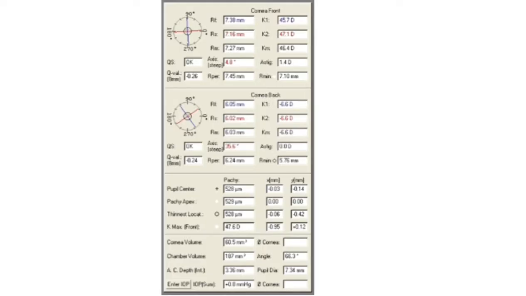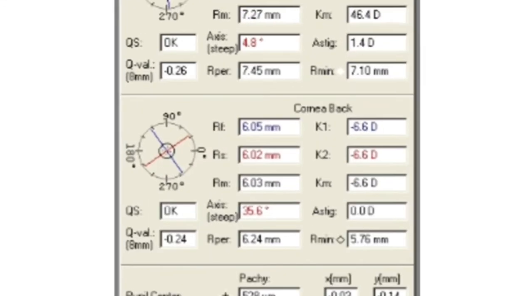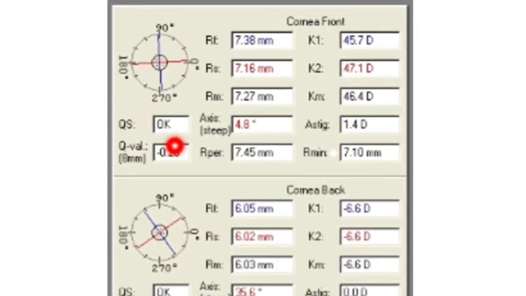We are going to decode all these things. Let's start with this table. First of all, you can get this value QS. Your first duty is to look at the QS. Is it okay or not? QS stands for quality specification, and it tells how accurately you have taken the measurement.